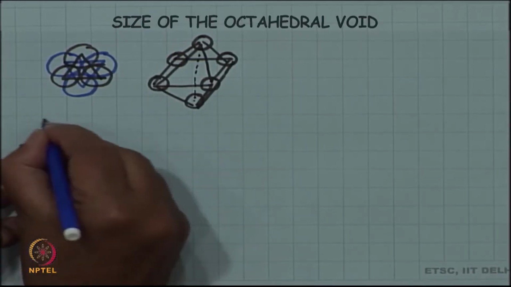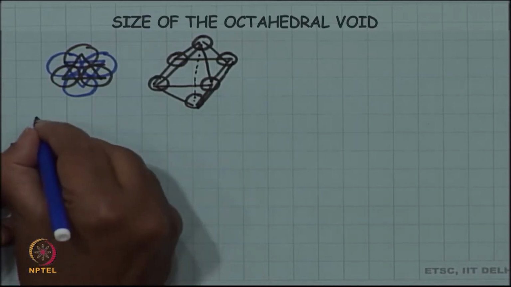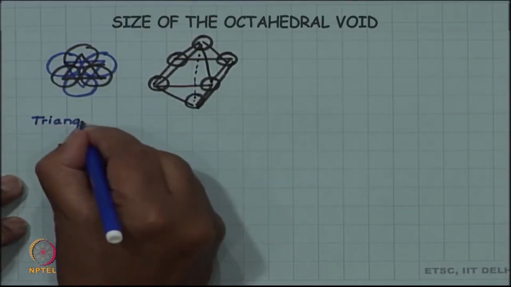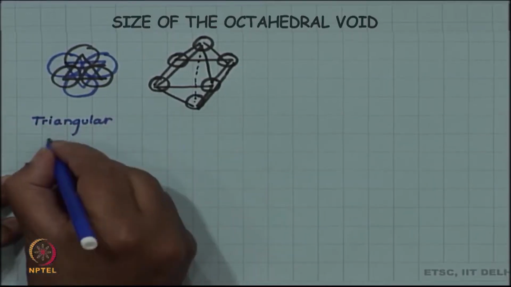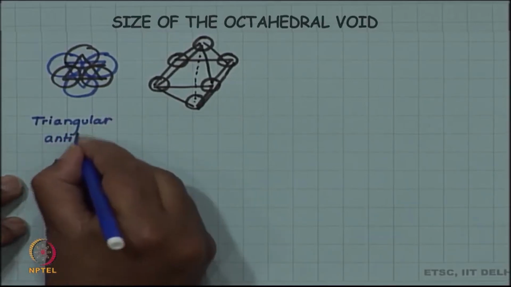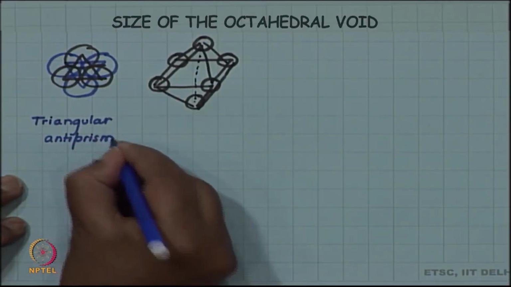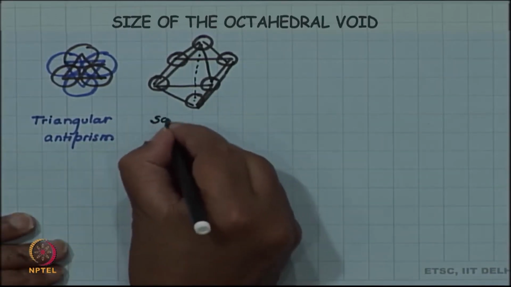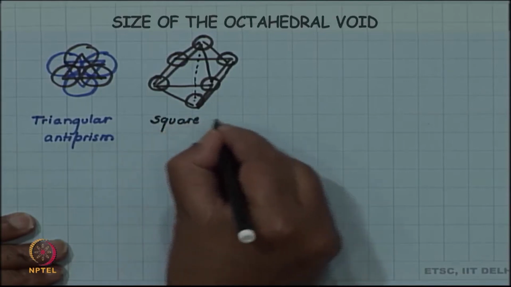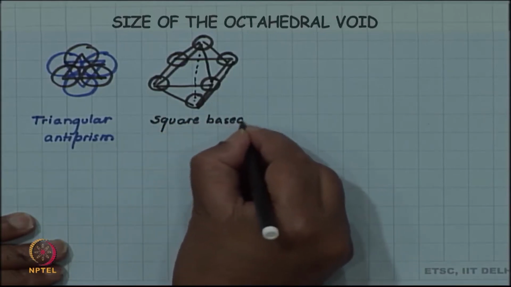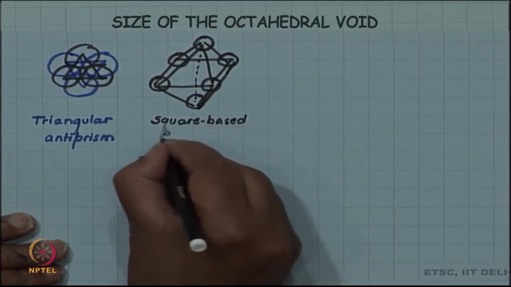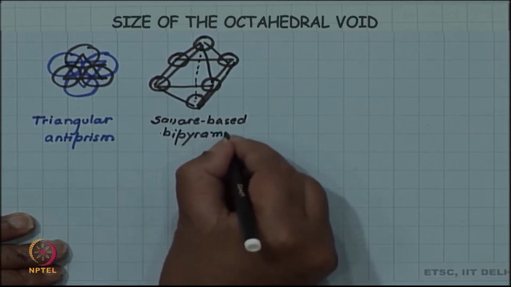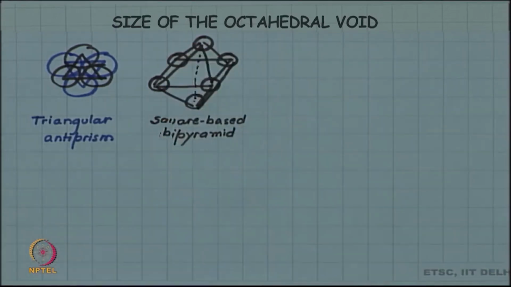Either you can consider it as a triangular antiprism, or you can consider it as a square based dipyramid, because there is a pyramid on top and there is a pyramid at the bottom.